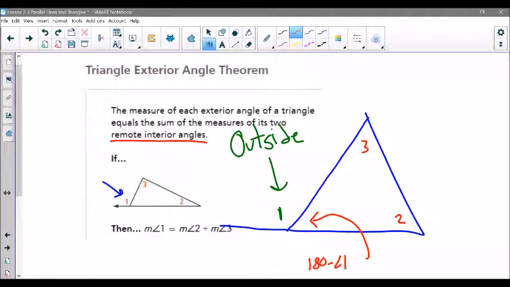I could have called that angle 4, and I know angle 1 plus angle 4 have to equal 180 degrees. So you could say angle 1 plus angle 4 equals 180 degrees.